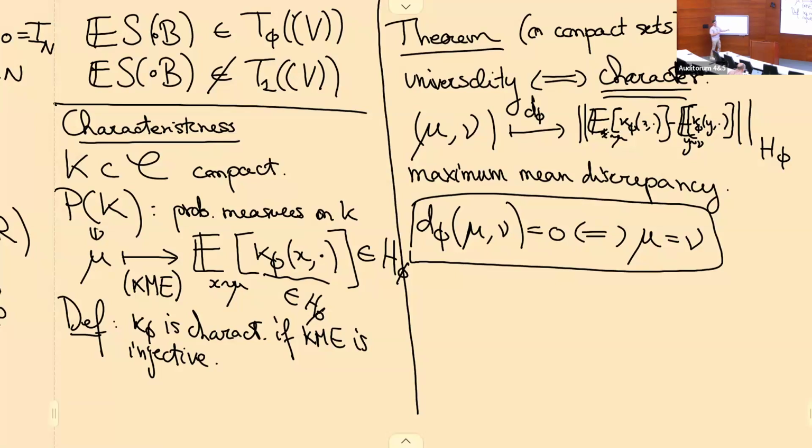And there are several applications for this. For example, you can do hypothesis testing on stochastic processes. You can test if two stochastic processes are the same by looking at their MMD.